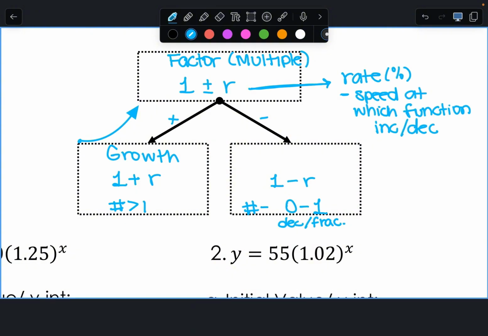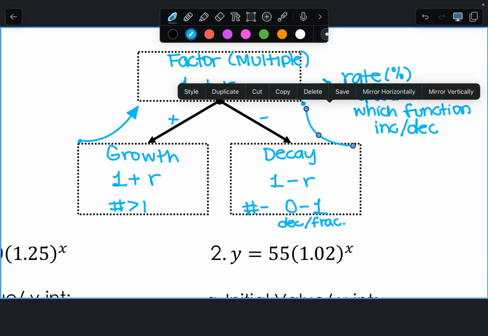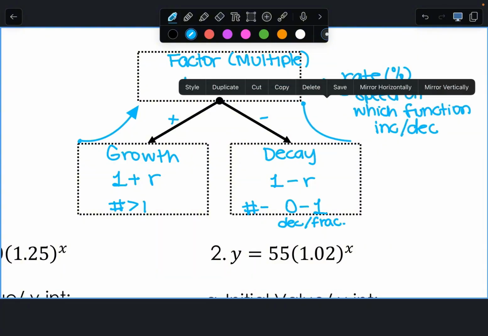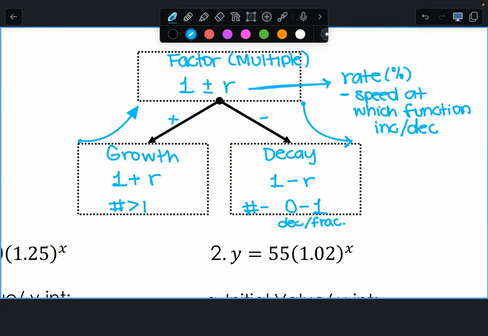If it's between 0 and 1, we will see decay, meaning it will start high like our human population that was decreasing. Now I just got to put a little arrow on it. There's my curve.